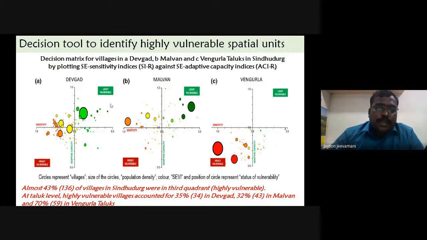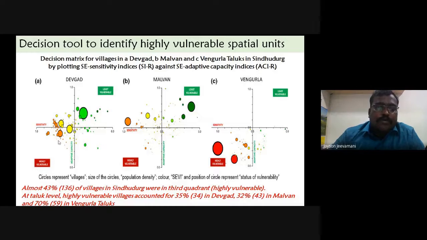For example, the first quadrant will have the least vulnerable villages, because here the sensitivity value is 0 to 0.5 and the adaptive capacity is 0.5 to 1. So adaptive capacity is on the higher side and sensitivity is on the lower side. These are all least vulnerable villages.